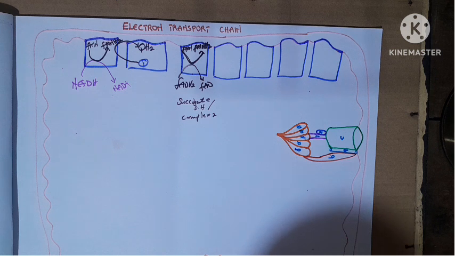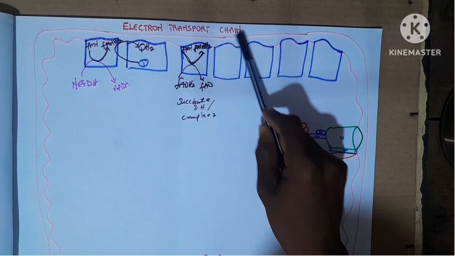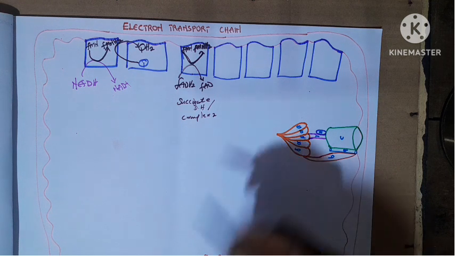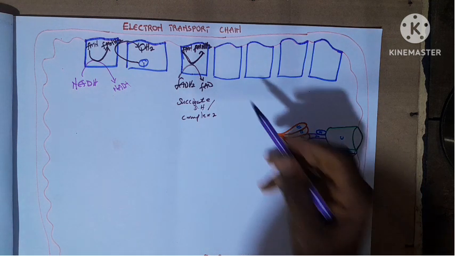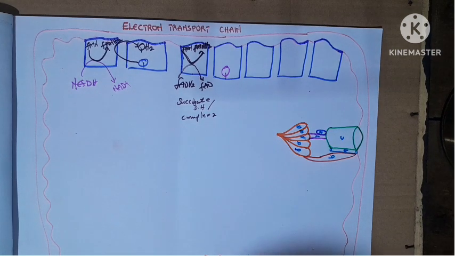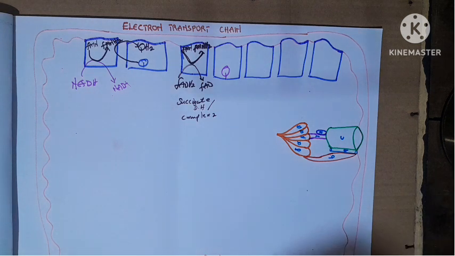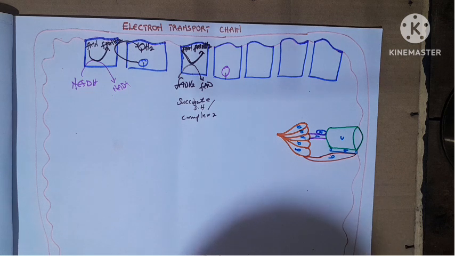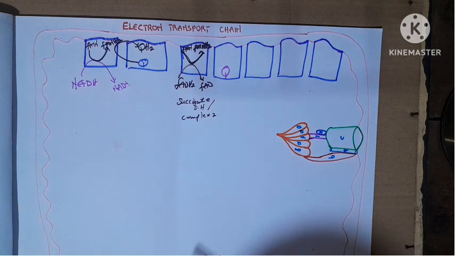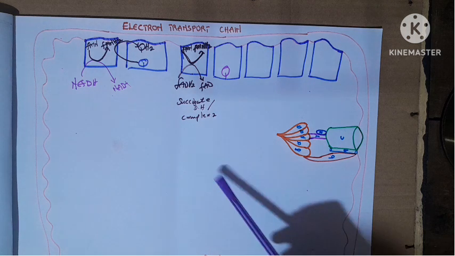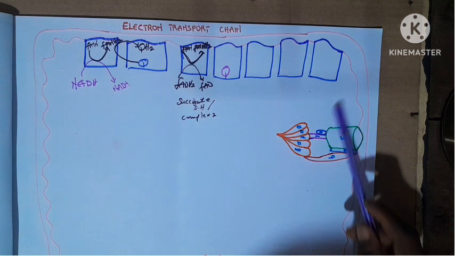And what is going to happen is that this is another coenzyme Q. This coenzyme Q is the only one throughout this entire electron transport chain that is not made up of a protein, and it can always run ahead up to step 4.